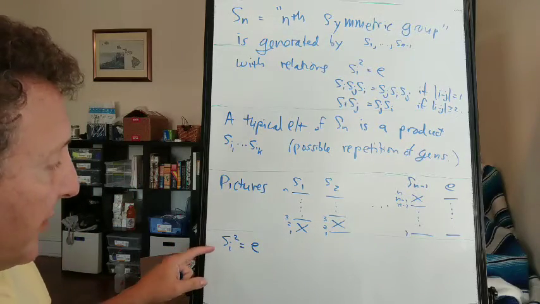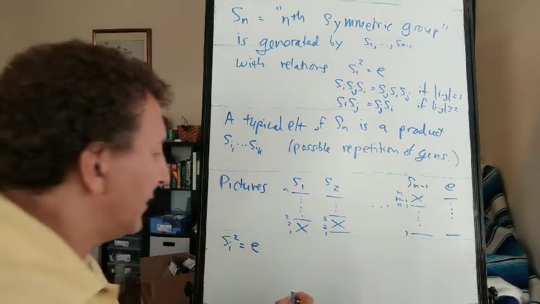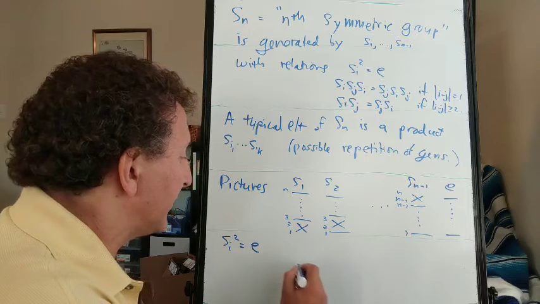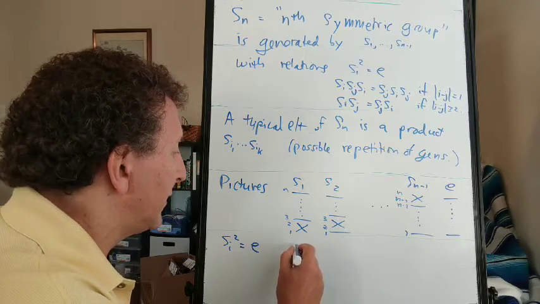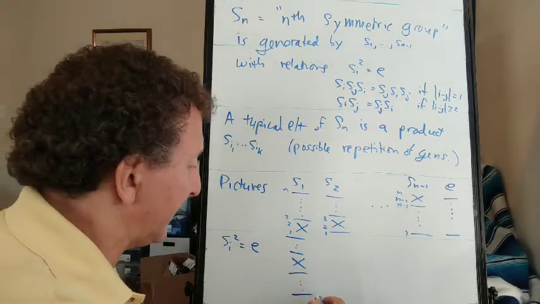So the first relation says any generator squared is the identity. So we should think of that as, we're going to multiply by concatenating.